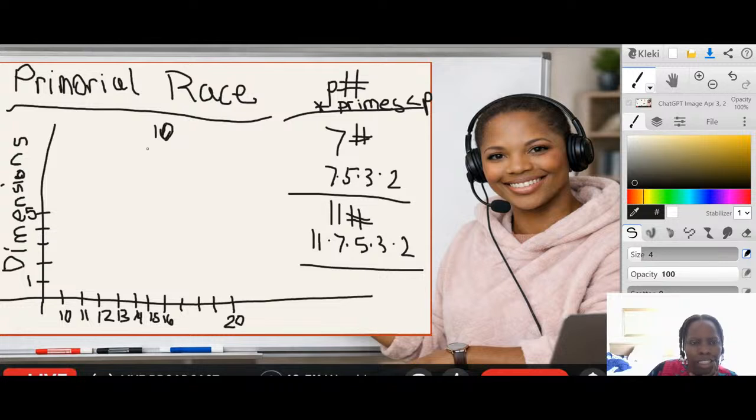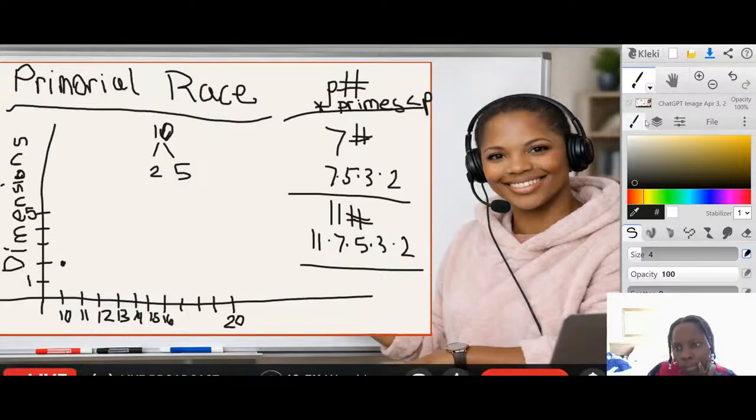If we look at our factor tree for 10, we know that it's just 2 and 5. That's the only way you can break it up, by dividing it by 2, and it's 5 groups of 2, right? That means it's at level 2. So it's a 2D number, okay?